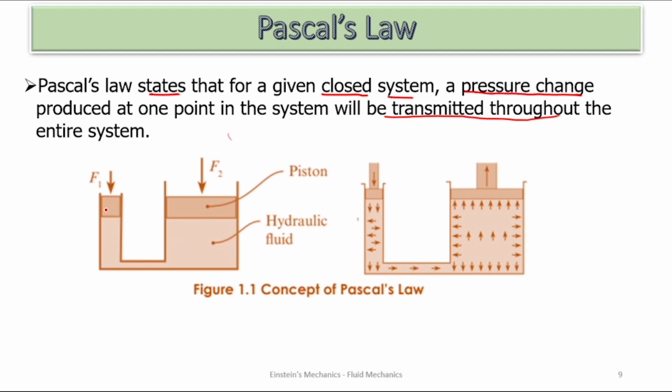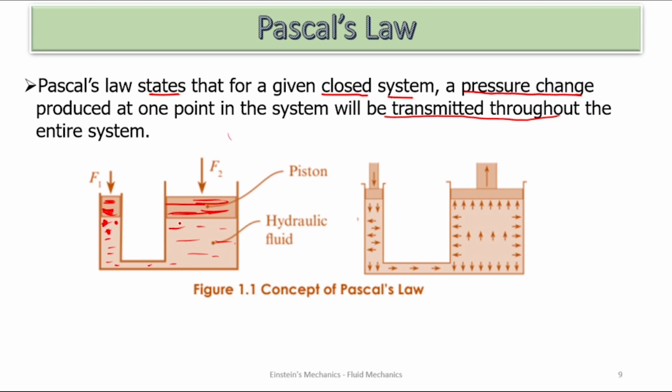So let's take this as an example. This is a closed system. It is closed at the ends, and there's a fluid inside, let's say water or any oil. And if I introduce a certain pressure at this end, that amount of pressure will be transmitted equally throughout the fluid.